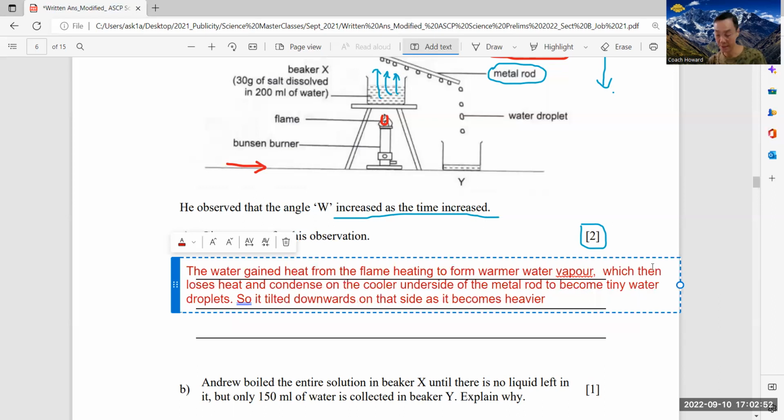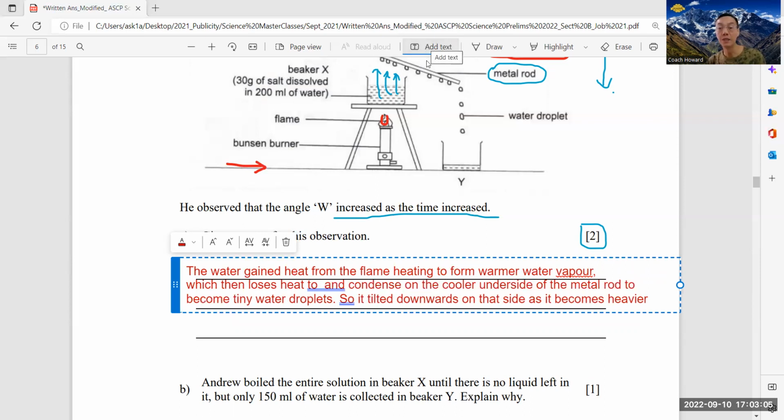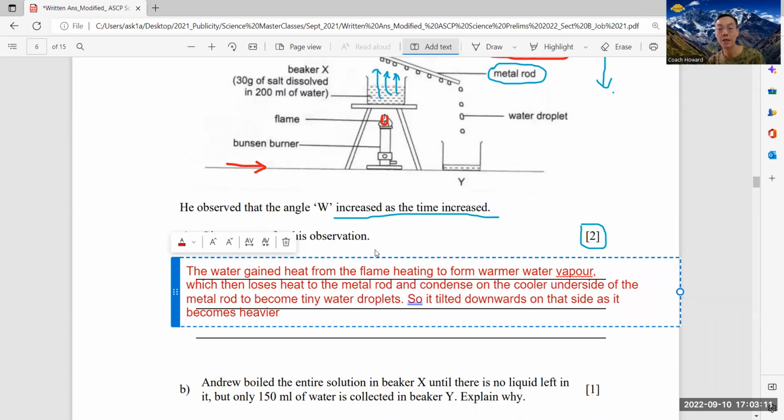Which then loses heat to the metal rod and condenses on the cooler side of the metal rod to become tiny water droplets.